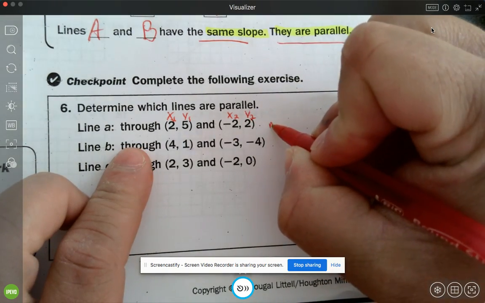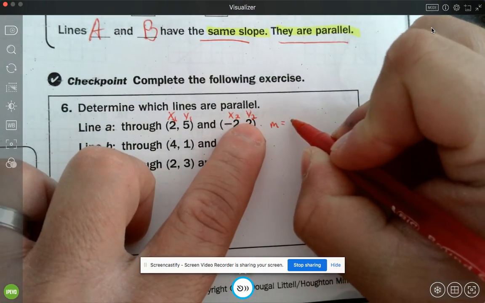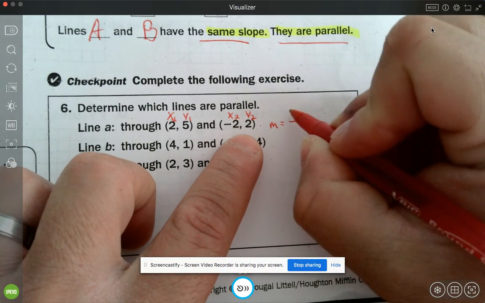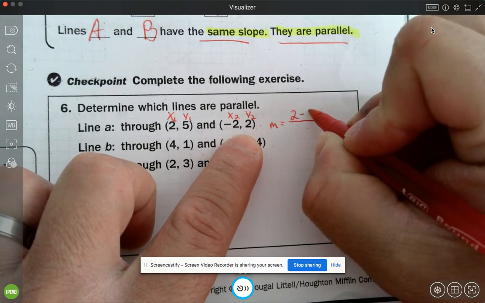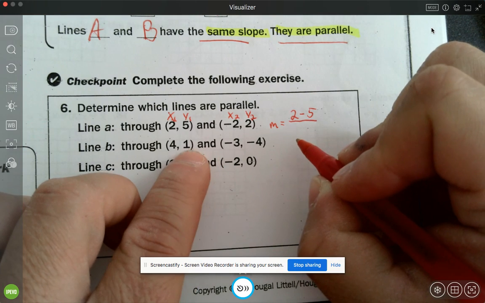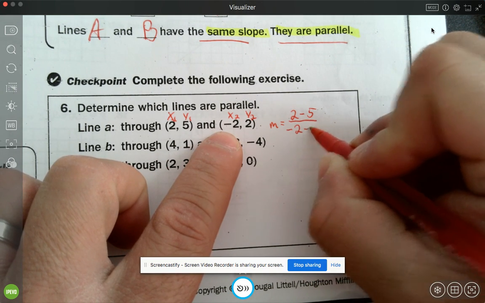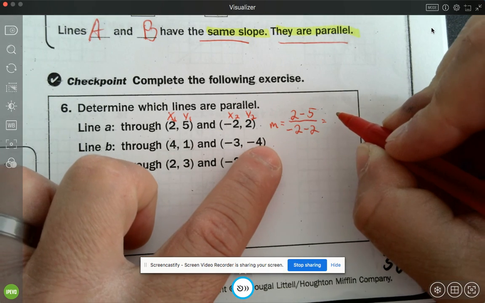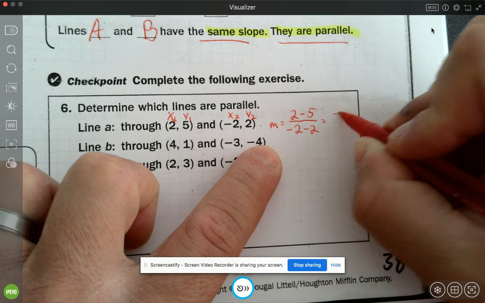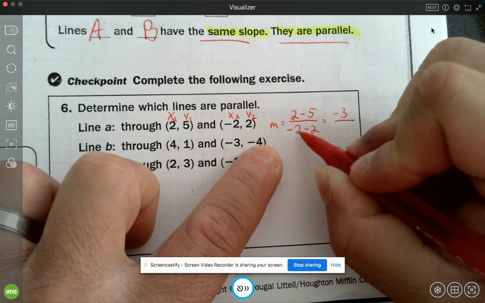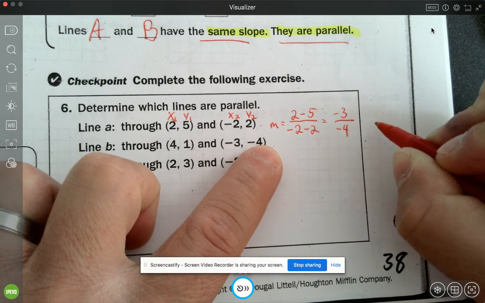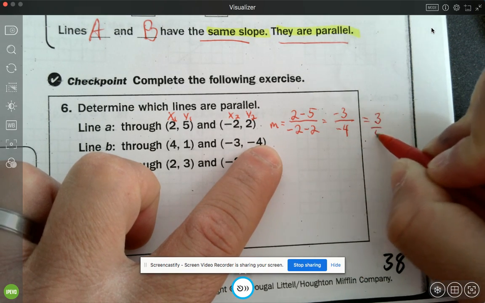So then your slope would be, hopefully remember the formulas, change in y, so second y minus the first y. And then this one's change in x, second x minus the first x. And so this gives me negative 3 over negative 4, which is a positive 3/4.